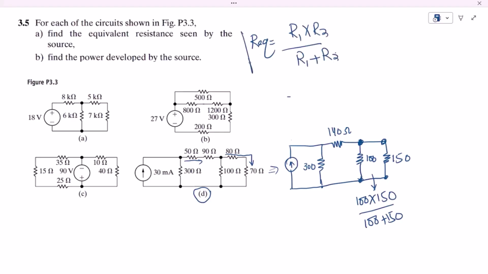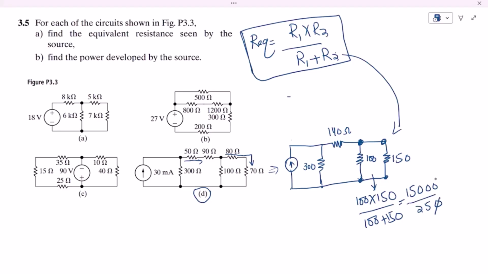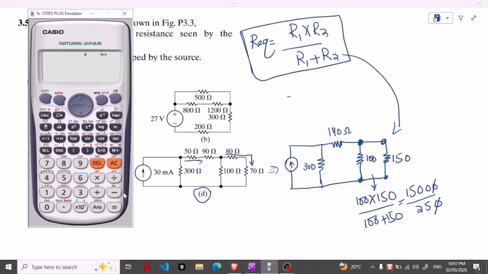This is the formula. Applying it here, 100 multiplied by 150 is 15,000, divided by 250. Let me calculate it: 1500 divided by 25 is 60.